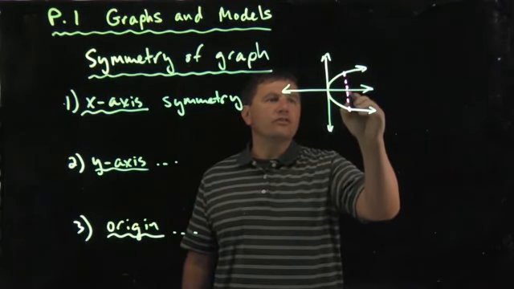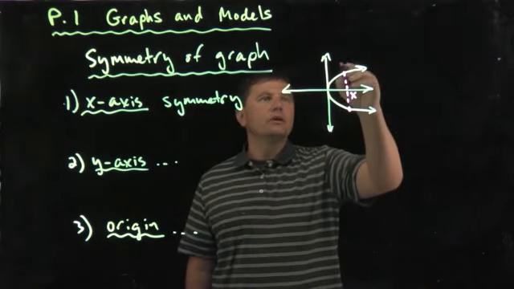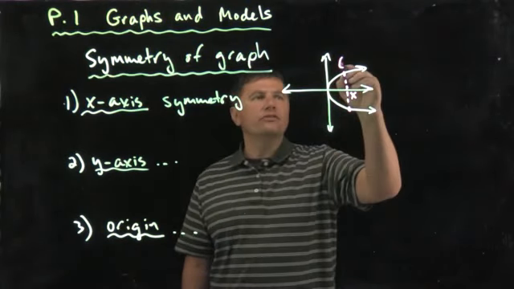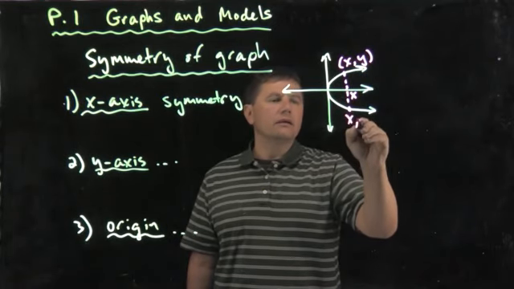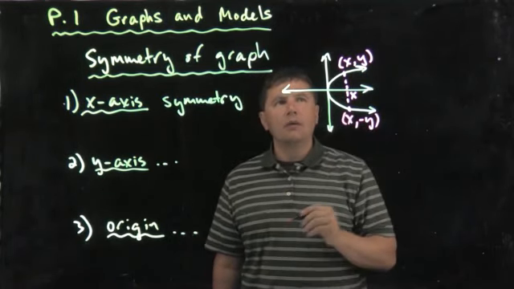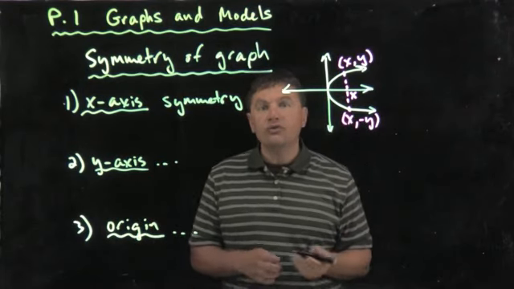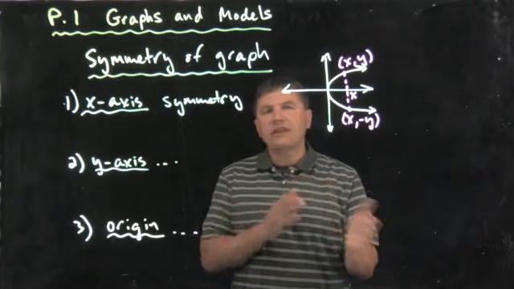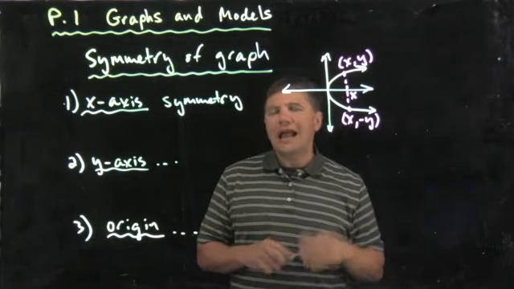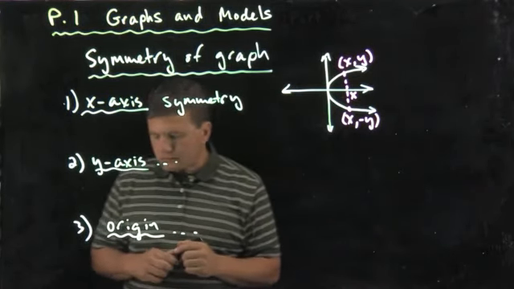For the same x value, we're getting opposite outputs. So for instance, if this is y, this would be negative y. That's important to understand because we're going to use that to test these things algebraically later. So basically the same x input, we get opposite y outputs.